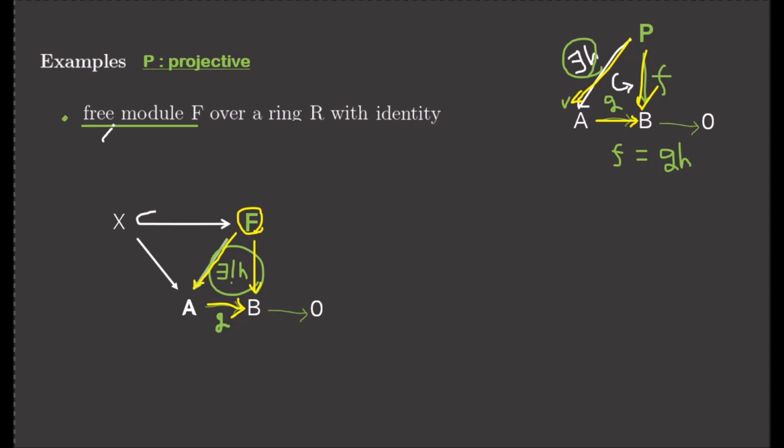Note that in general there is the free module, but the free module is the generalization of the free R-module, but I will not deal with the concept of free module in this lecture. So consider free module as free R-module in this slide. So anyway, free module F is a projective module.